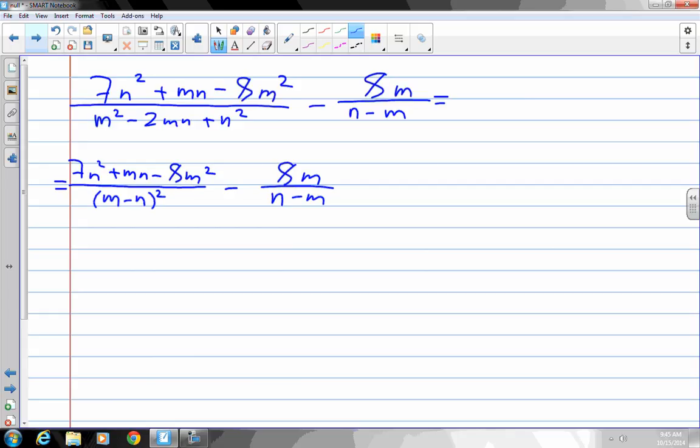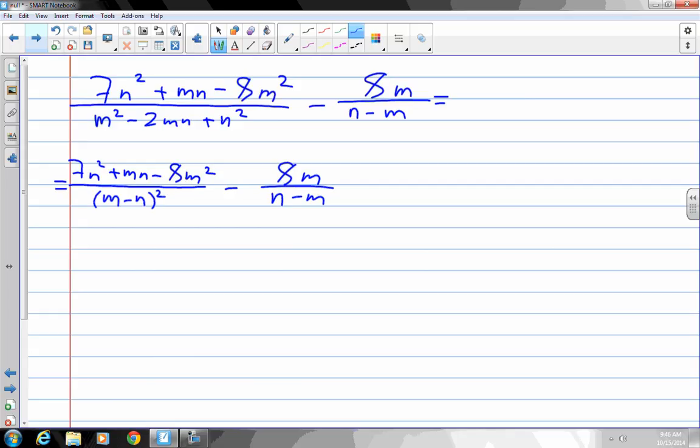So one of them is m minus n, the other one is n minus m, right? Are they the same? No. So we do have to do some kind of a flip. So you actually have two options. You can flip the second one and change the sign, as we were doing earlier today.